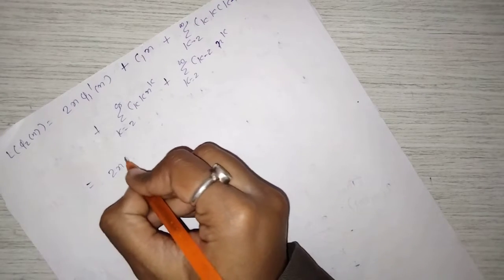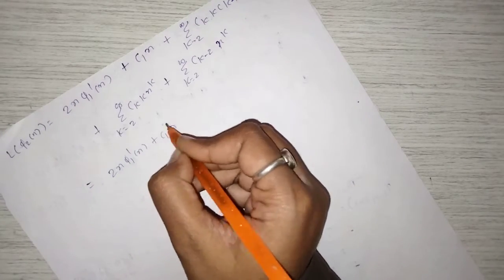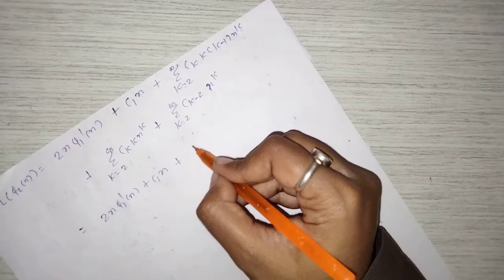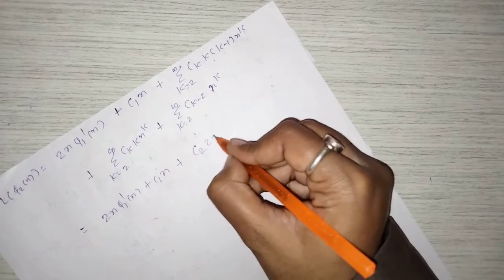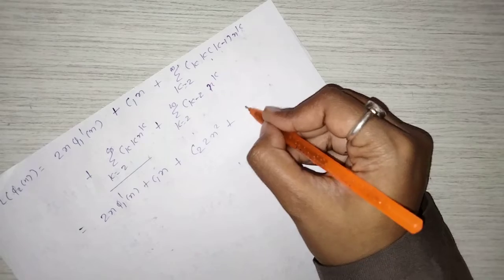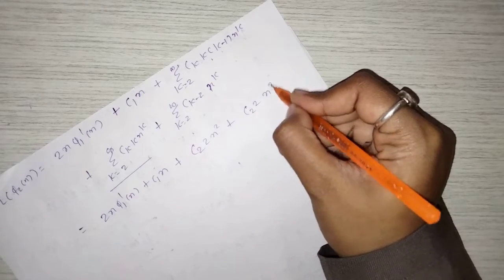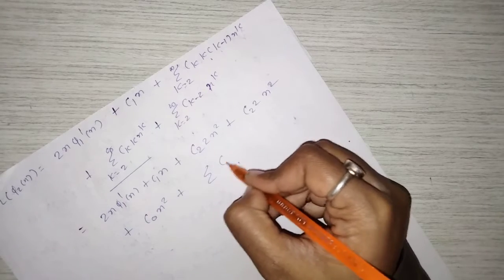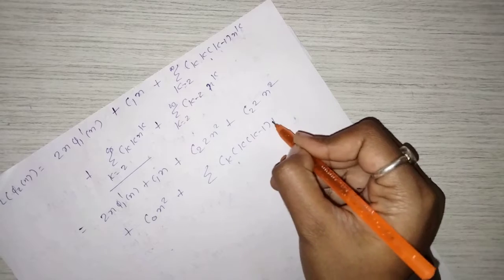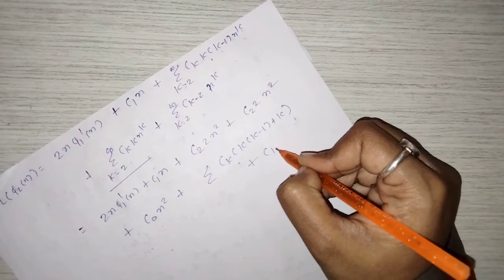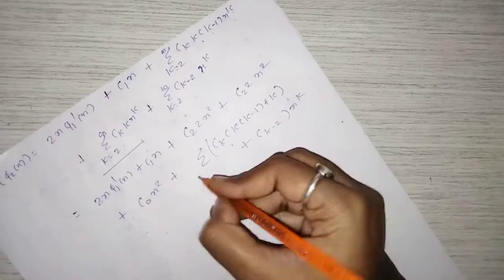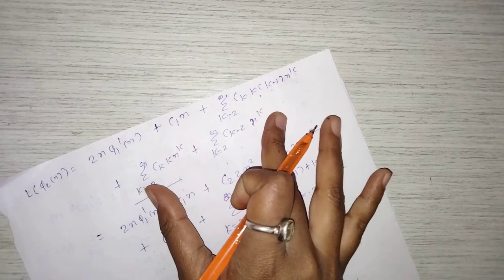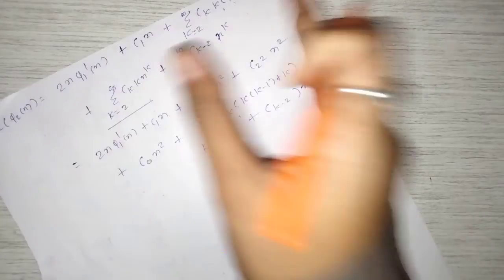So 2x phi 1 dash of x plus c1x plus, when we calculate from 2 to infinity we get c2 into 2 into 2 minus 1, 2x square, plus for this series c2 2 x square, plus for this series c0 x square, plus the remaining series ck into k minus 1 plus k plus ck minus 2 into x raised to k running from 3 to infinity. Here we write these three series, starting from 3 to infinity, together.